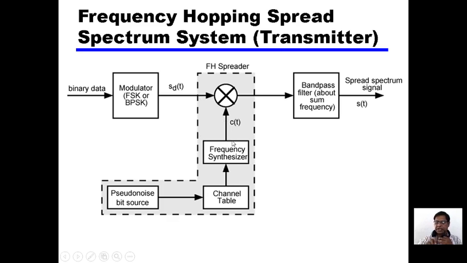The frequency synthesizer smooths the signals. Then the band pass filter streamlines the signals, producing the spread spectrum signal. This is at the transmitter end.